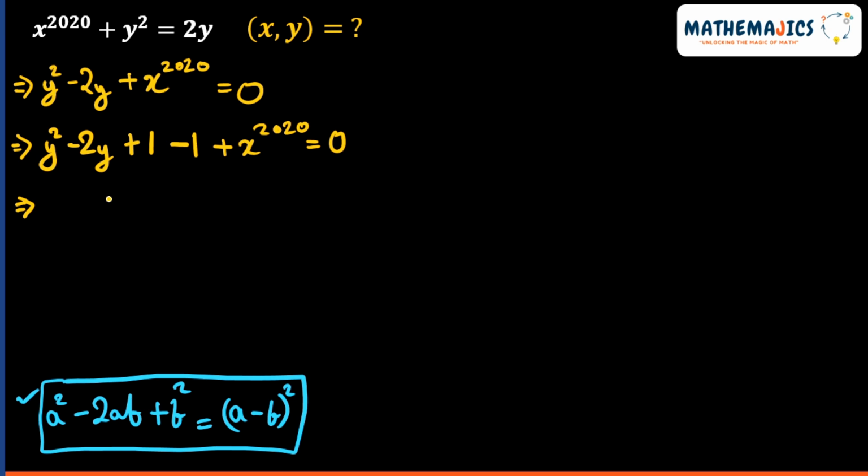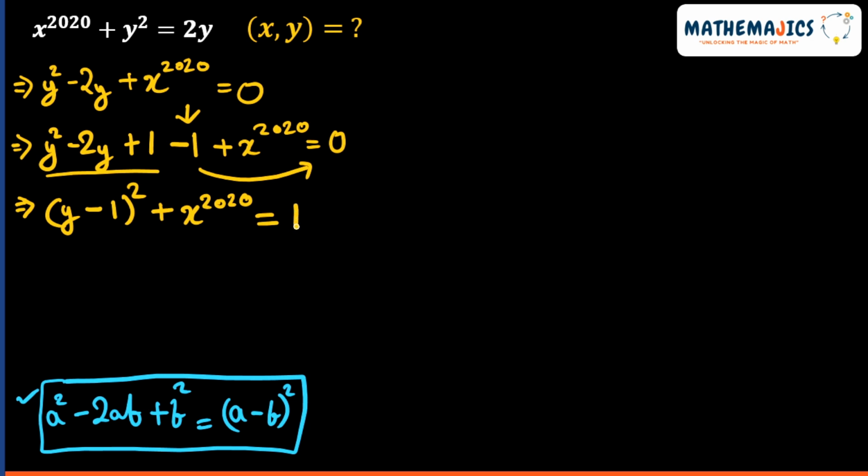According to this identity, this part of the equation will become y minus 1 whole square, plus x raised to power 2020. Now what happens to this negative 1 on the left side? We will send it to the right hand side of the equation and it will become positive 1.